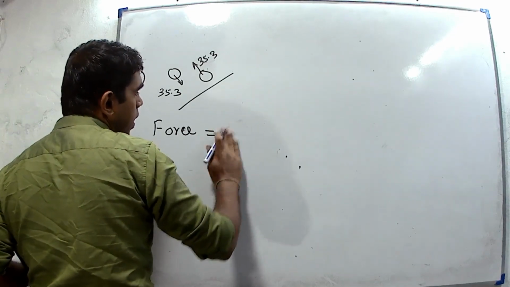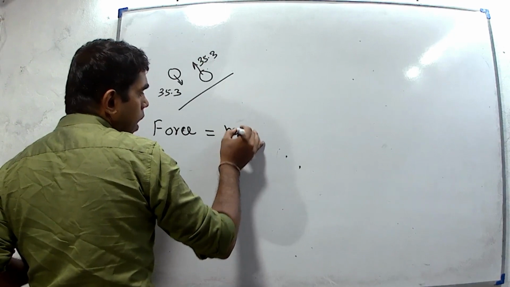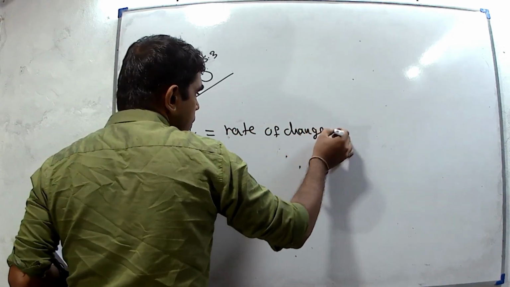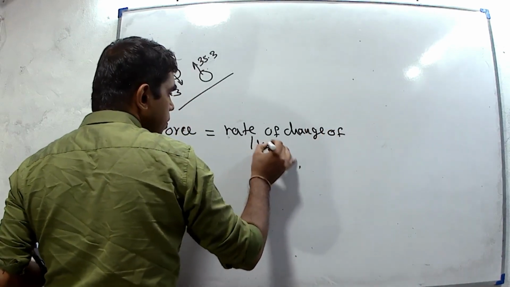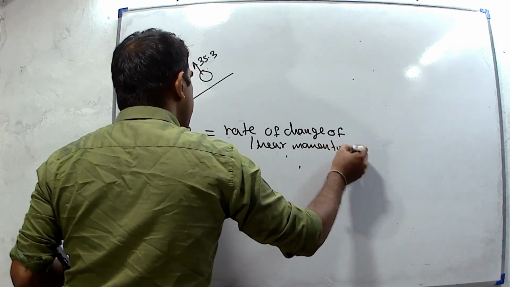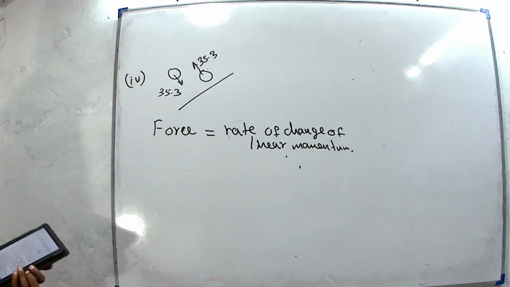I will write rate of change of linear momentum. It means change of momentum divided by time.